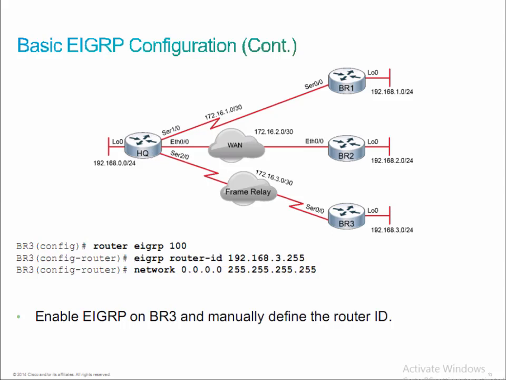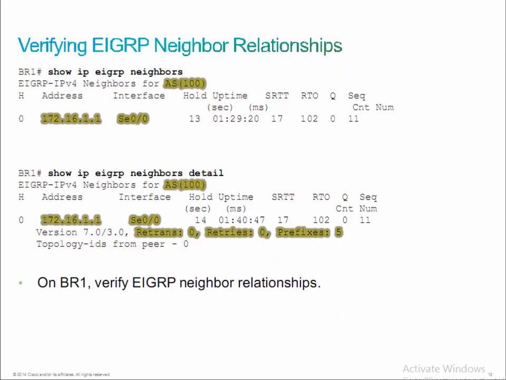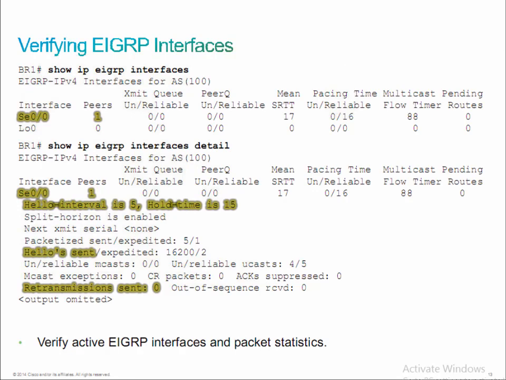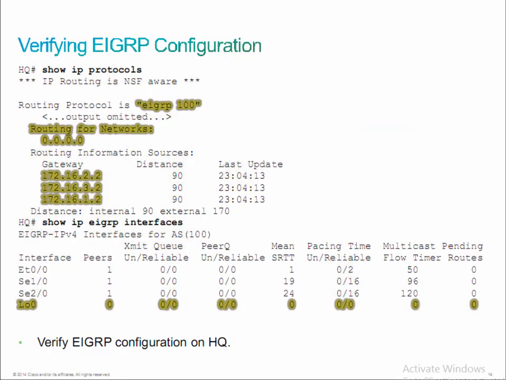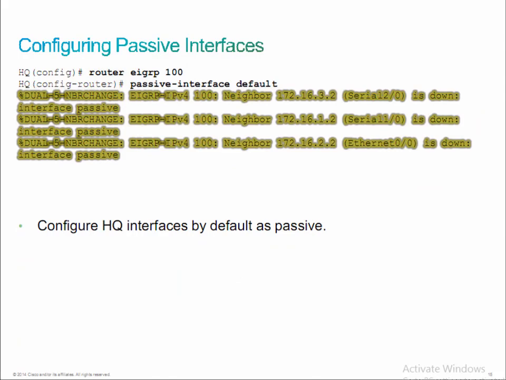Let me, I keep forgetting to scroll through some of these slides here. So there's our neighbors, our interface command, our show IP protocols command. So this is where we're at. We're talking about passive interface. Passive interface works exactly the same way for RIP, OSPF, EIGRP.